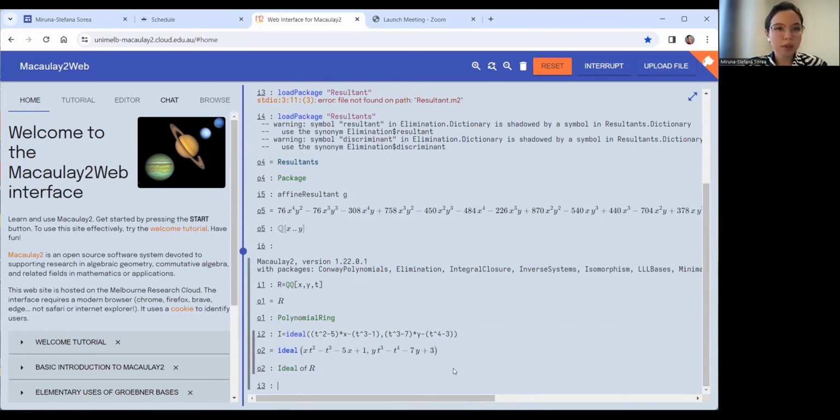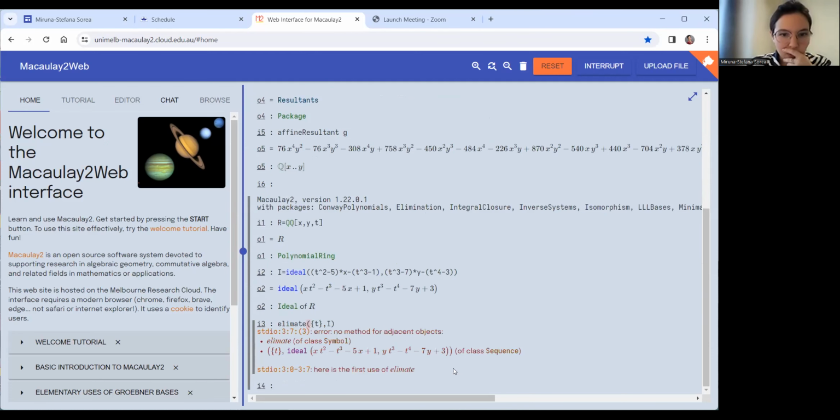And now another way to do this, which works more generally than the previous one, is the following. We want to eliminate T from these two equations. For that, we use the eliminate command. We write here which variable we want to eliminate and from which ideal. So this is actually computing the elimination ideal.